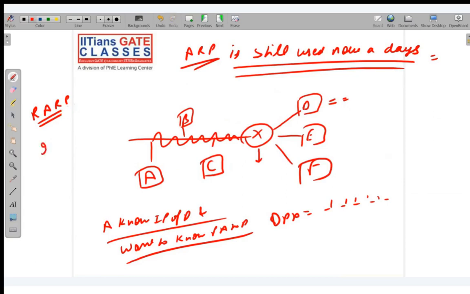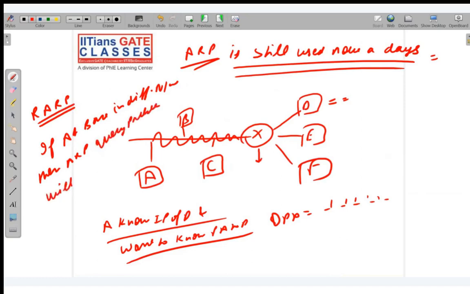So let me tell you that thing. If two systems, A and B, are in different networks, then the ARP query packet cannot be used. The ARP query packet will be discarded by the router.